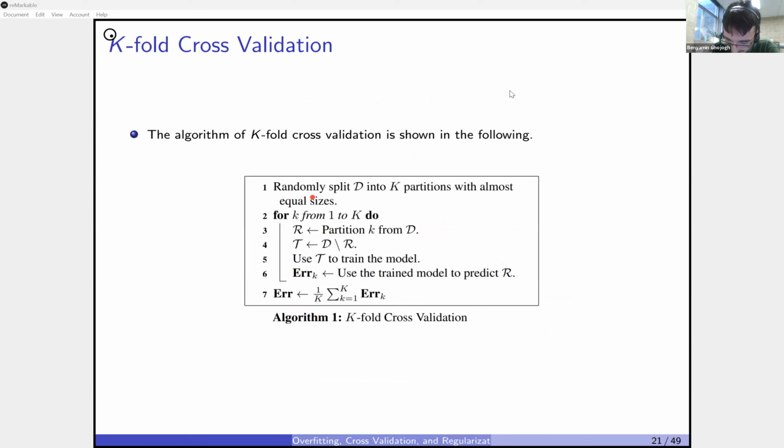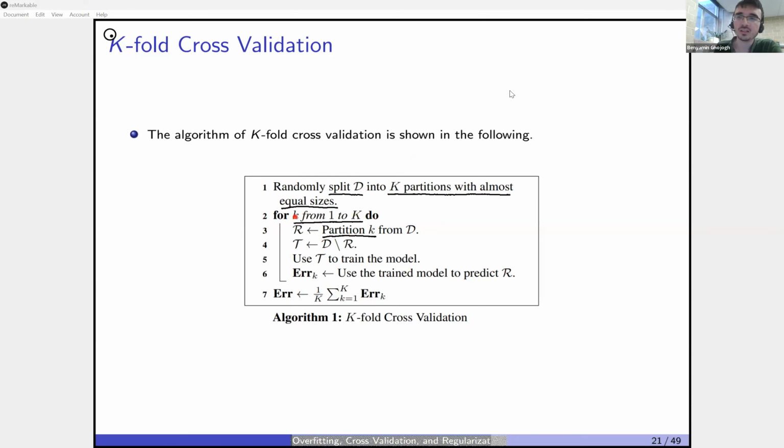So we randomly split D into k partitions of almost equal sizes. Then we have a for loop over these k splits, where we take partition k, so k goes from 1 to k.